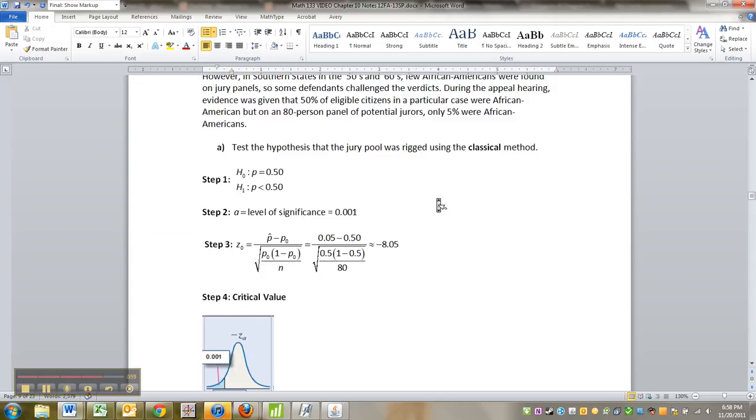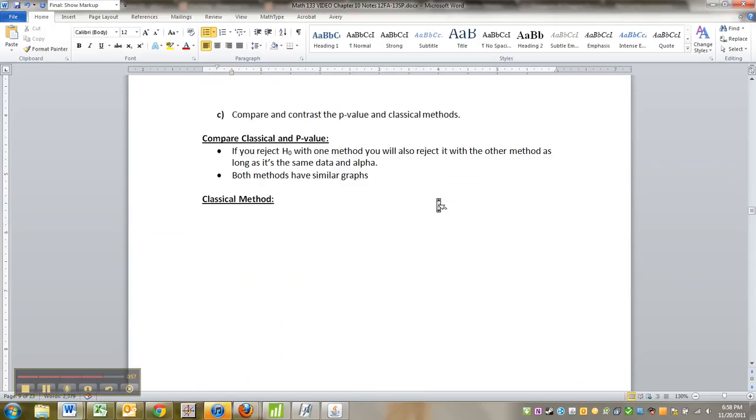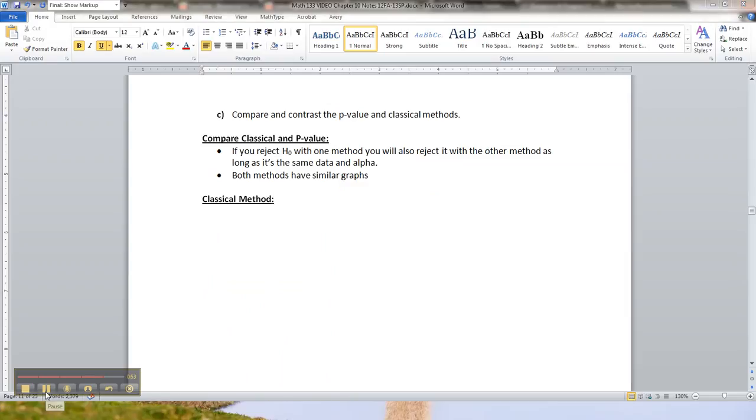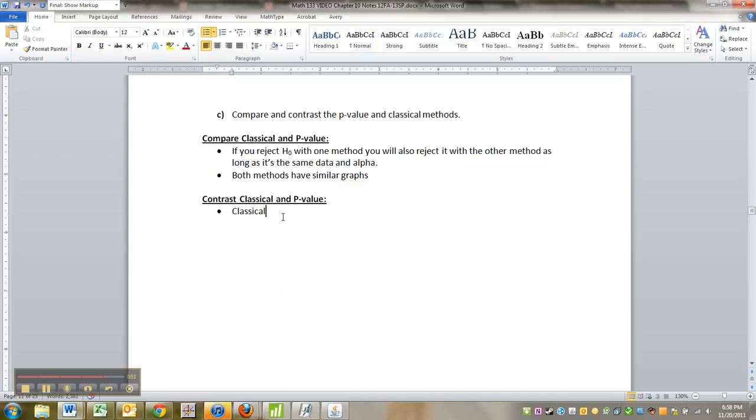And that gets to the differences. So the classical method, hold on one sec. There we go. Let's contrast them. All right, so the classical method uses alpha as the area in the tail, if it's two-tailed, right? And z sub alpha, right?